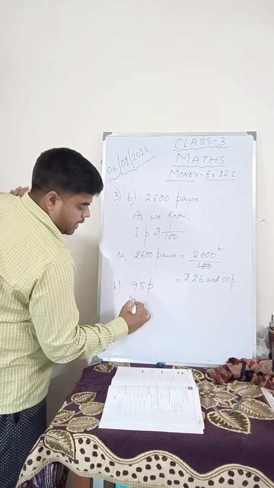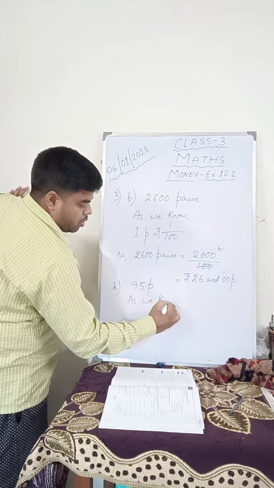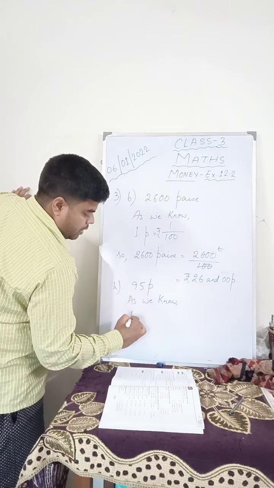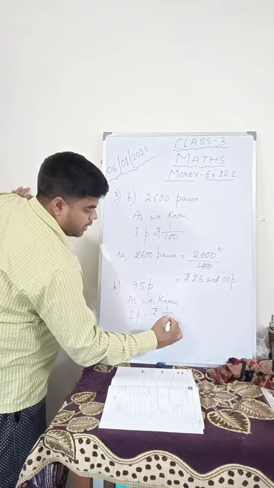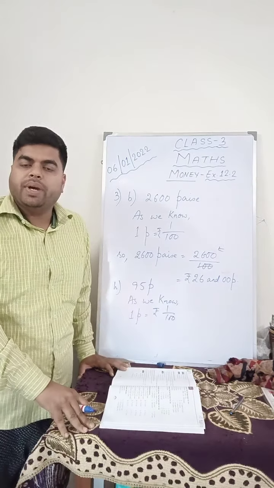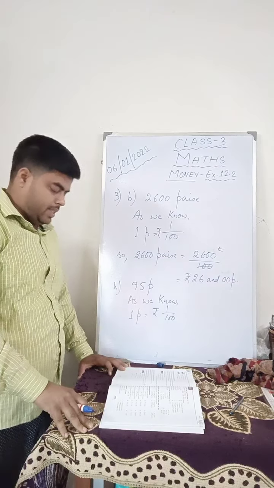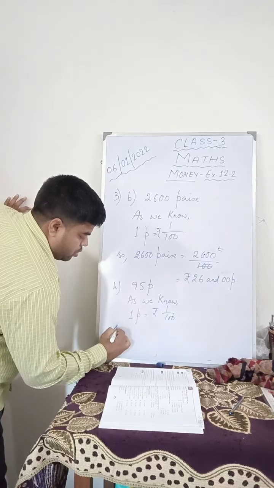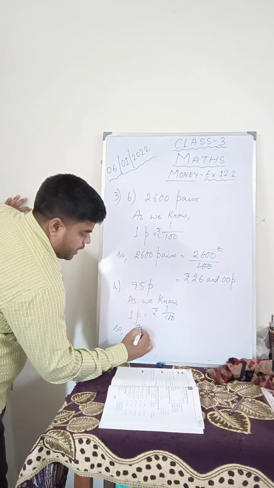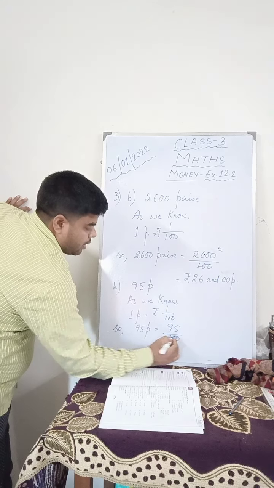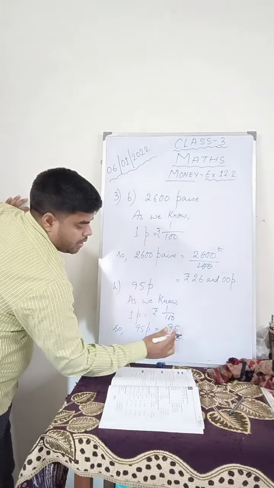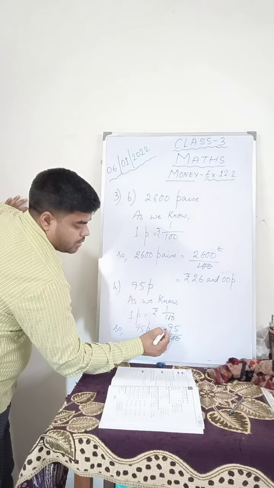So again, as we know, 1 paisa is equal to rupees 1 by 100. That means you divide the paisa by 100, you will automatically get the answer. Here 95 paisa is equal to 95 by 100. Cancel the 0s, from the back count 2 digits, 1, 2, and put the decimal.